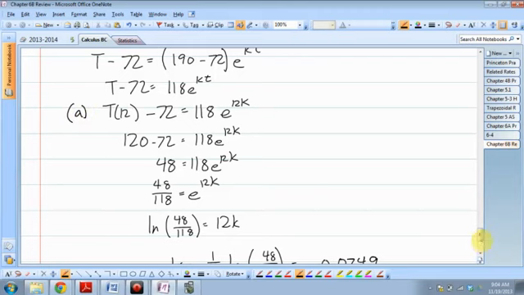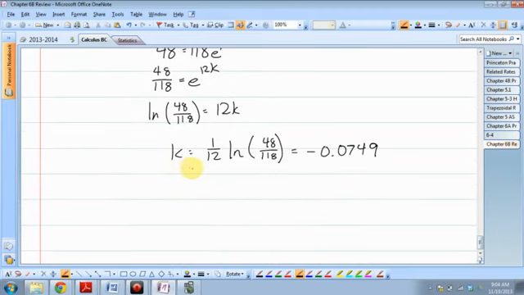So A kind of starts there. What's part B? What is the temperature when t is 25 minutes? Good. Temperature at 25. T minus 72 equals 118 e to the 25k.